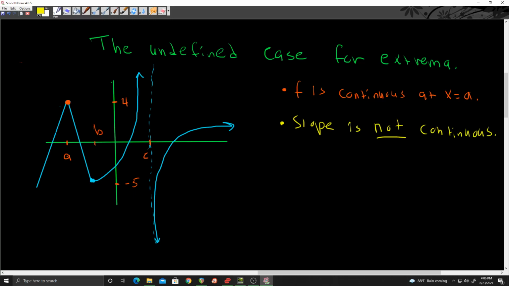So if I look to the left, let's look to the left of this point. The slope here is positive. So the slope to the left in this little case is positive. And the slope to the right, you can see we're decreasing here. The slope to the right is negative.